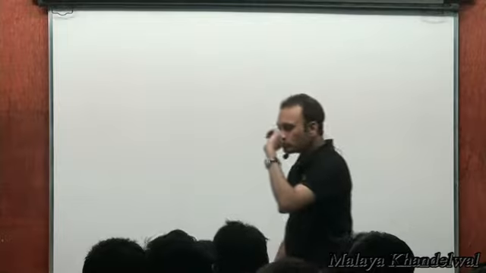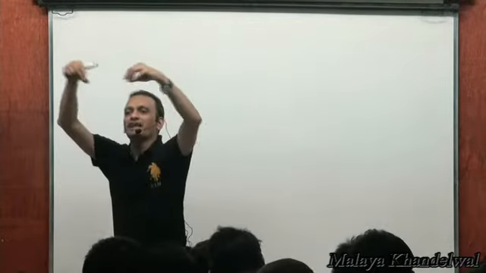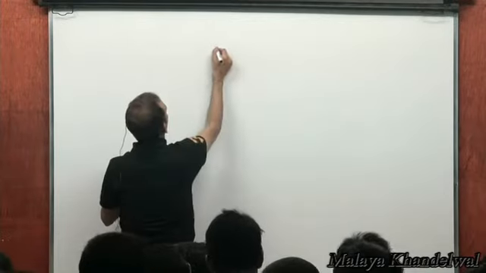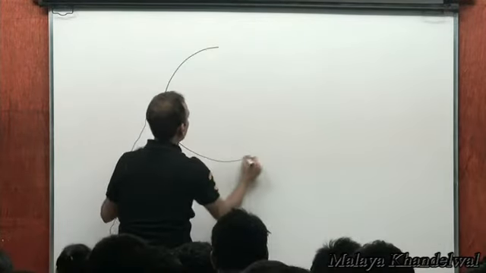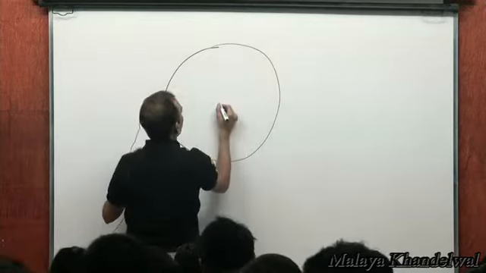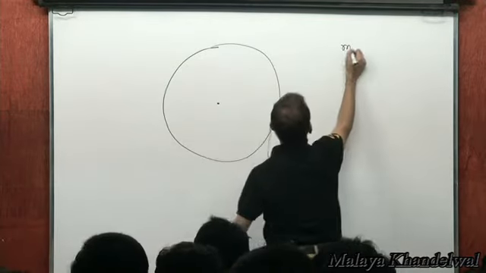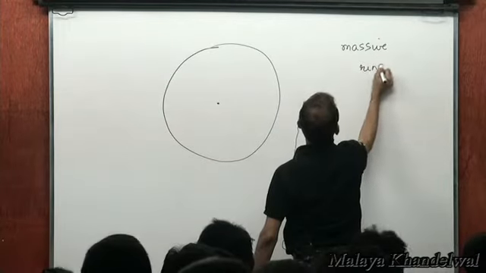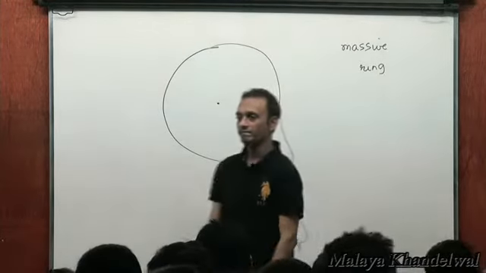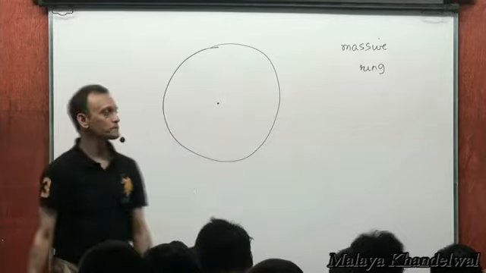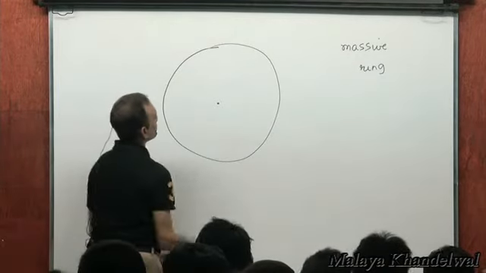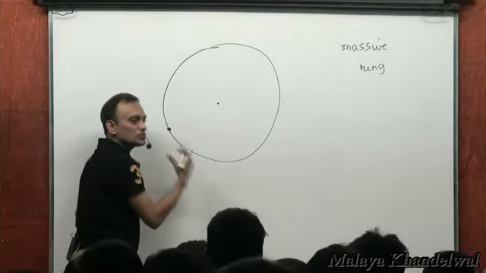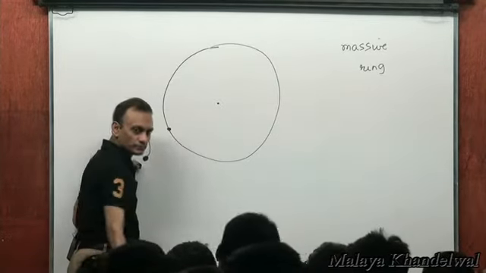Now, suppose there is a massive, heavy ring of radius r centered at O. There is a small particle, whose mass is small compared to that of the ring.